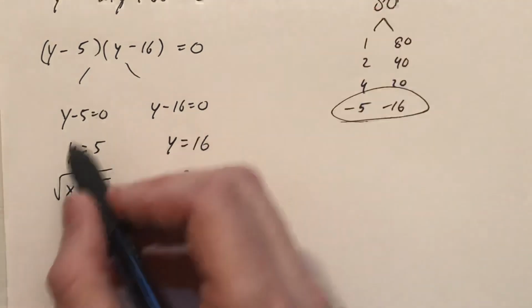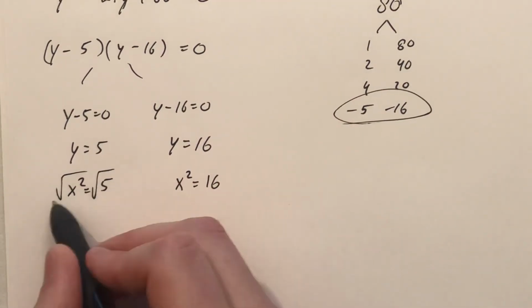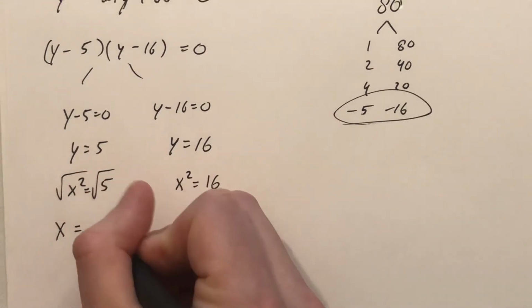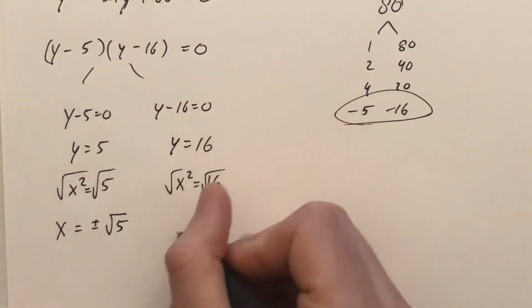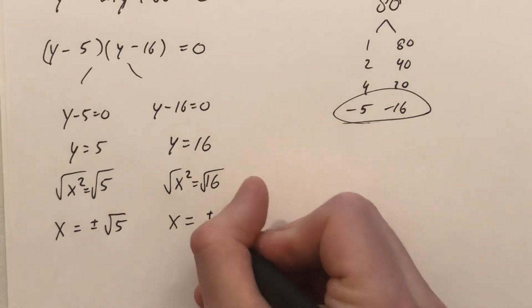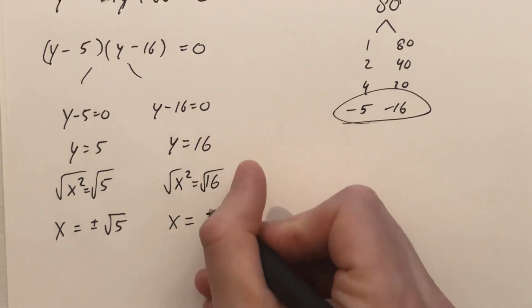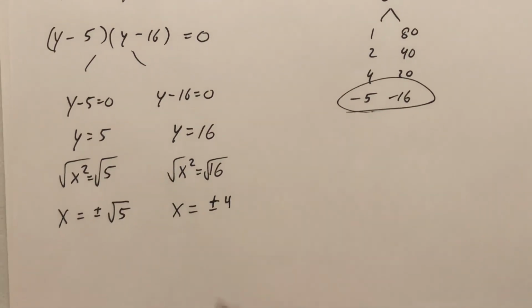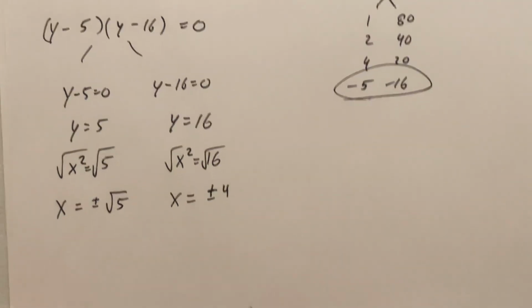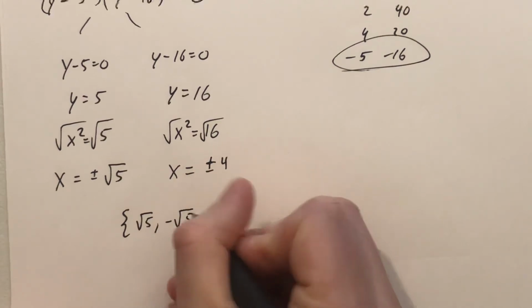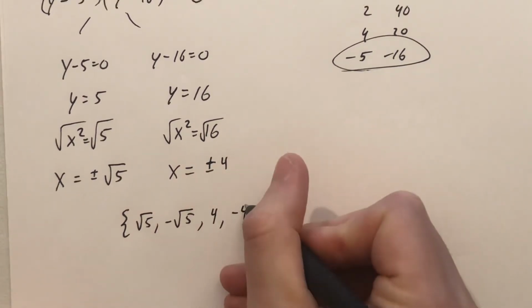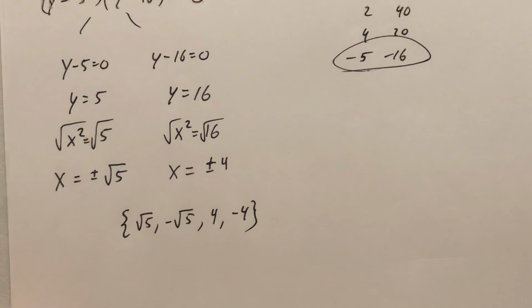If I put that x squared back in place of y, we can use the square root property here to say that x is plus or minus the square root of 5. And here, it even works out nicely, the square root of 16, so plus or minus 4. But notice that is 4 different answers. That's the solutions of square root of 5, negative square root of 5, 4, and negative 4.